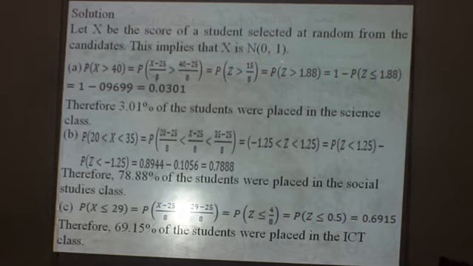Don't forget, we are being told that before a student will be placed in the science class, he must score more than 40. So in this case, we are to find the probability of x greater than 40.